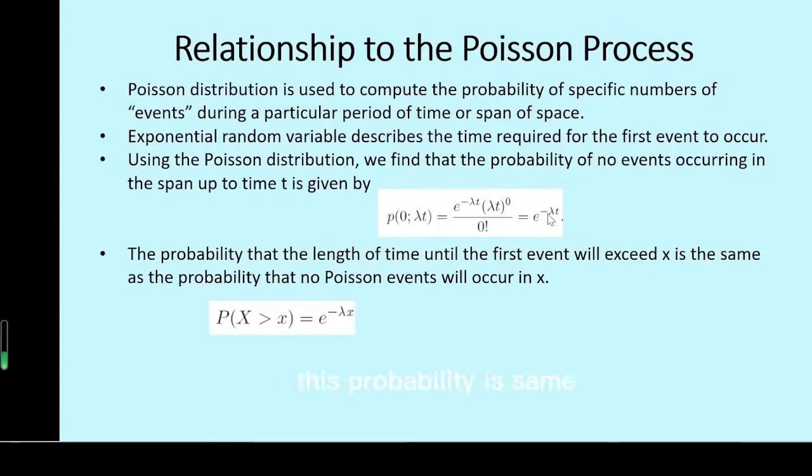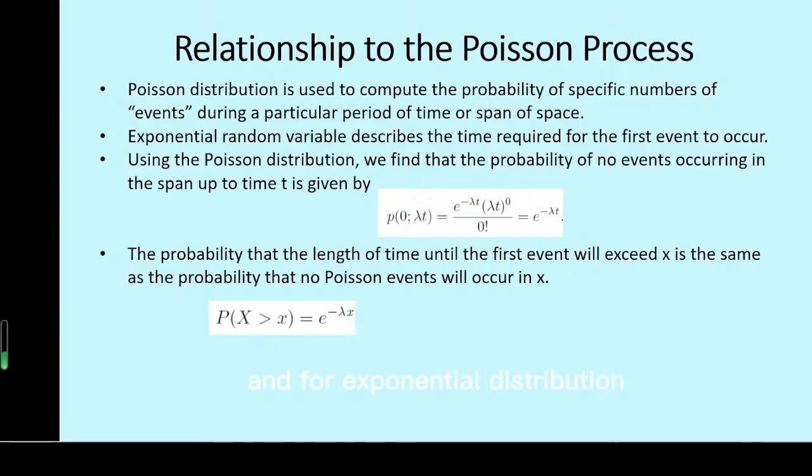Actually, this probability is the same as the probability that the length of time until the first event will exceed x, which is the same as the probability that no events occur until time x, right? So in the Poisson process, the Poisson distribution, between time 0 and x there is no event occurring.